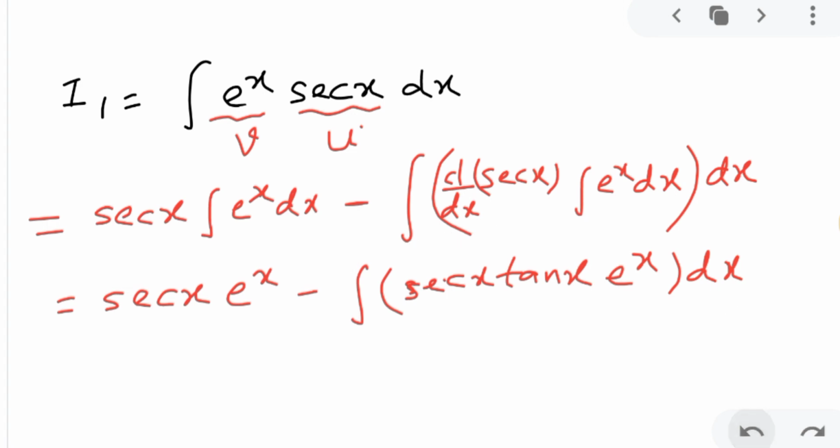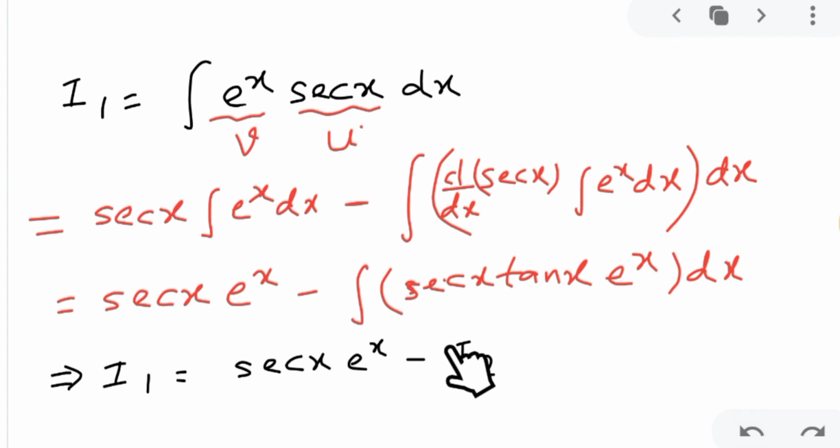So what can I write? On the left side, I1 is equal to sec x into e to the power x minus I2. This is I2, correct? Now I take this I2 to the left side.